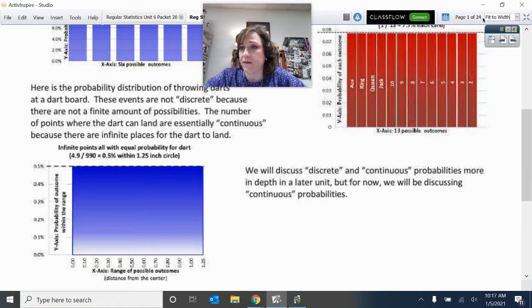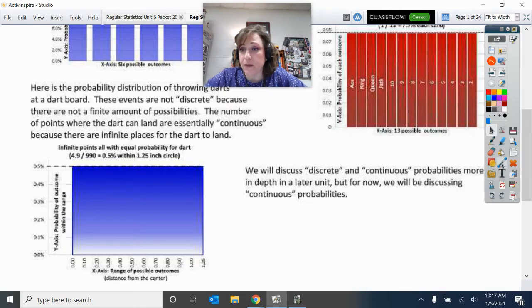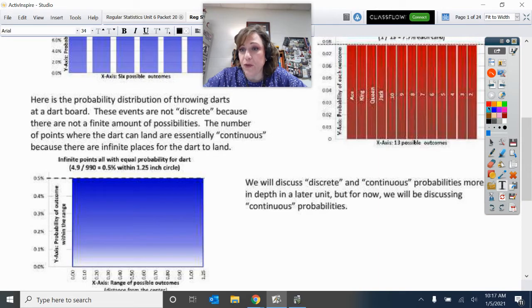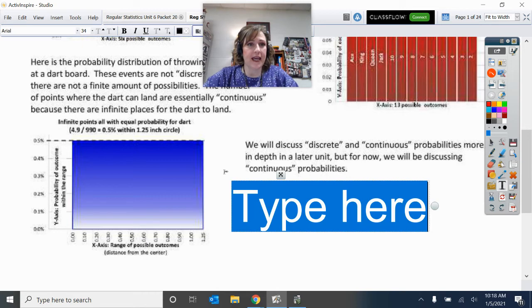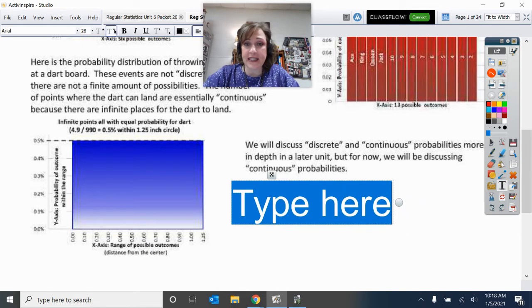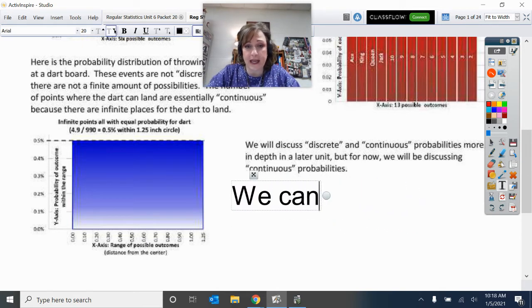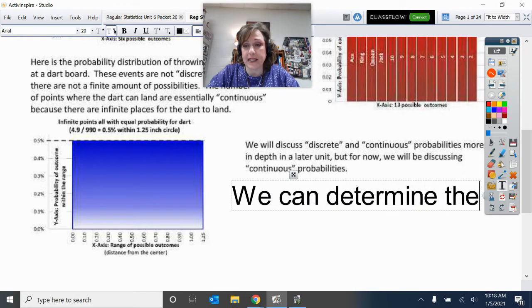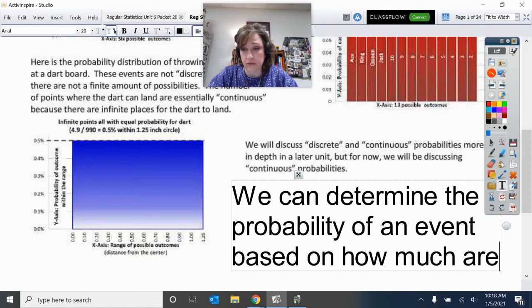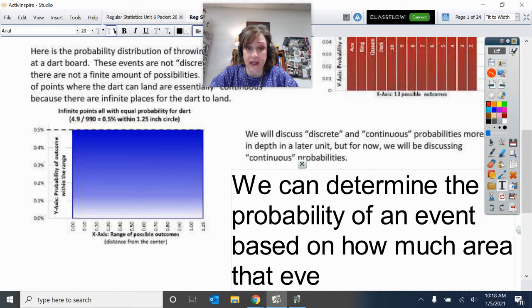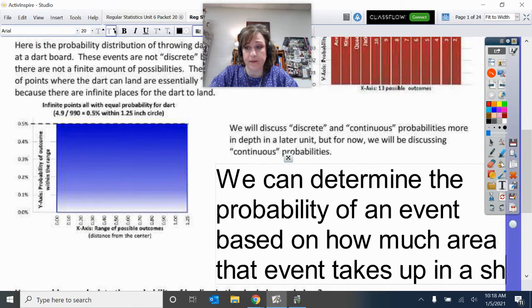Again, in fact, I'm going to write that down because that's really important. And I think that might even play into the reflection that you do today. We can determine the probability of an event based on how much area that event takes up in a shape.